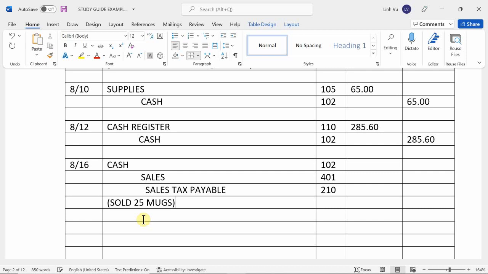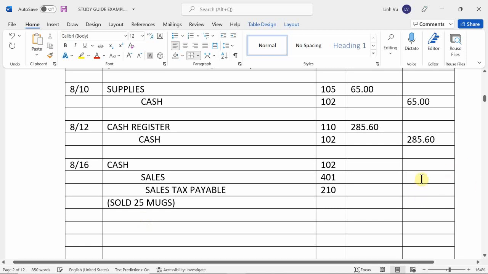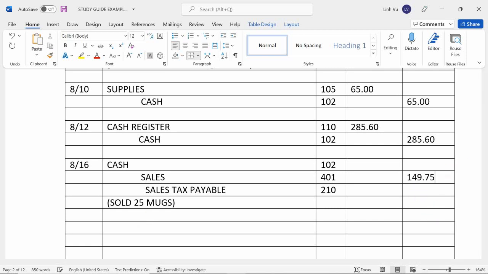My total sales is $149.75. I need to calculate my tax on it to be 8.25%, which will give me $12.35.